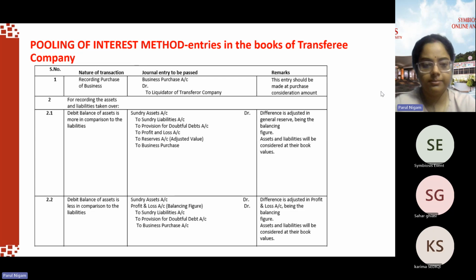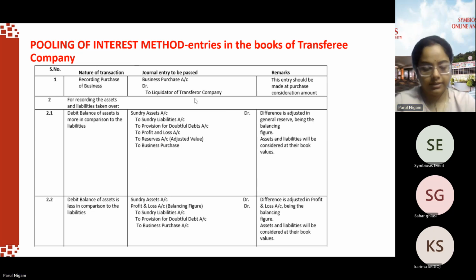Sundry assets account debit to sundry liabilities, to provision for doubtful debts, to profit and loss, to reserves account, and to business purchase. Business purchase is the same amount which you debited in the first entry. The remaining are the liabilities which you have taken, and the reserves, which is like a balancing figure.